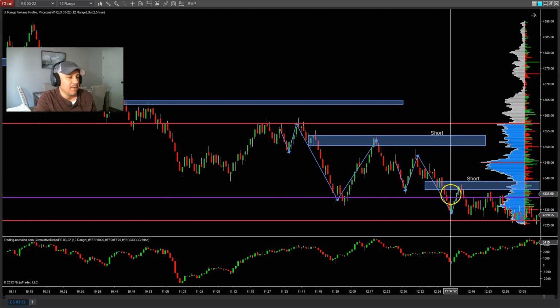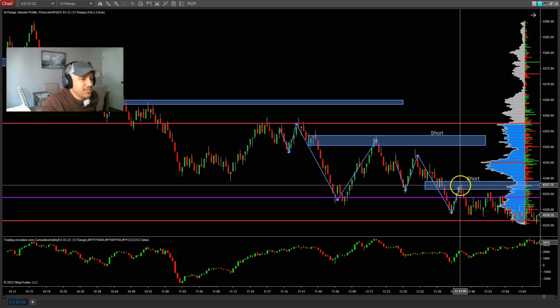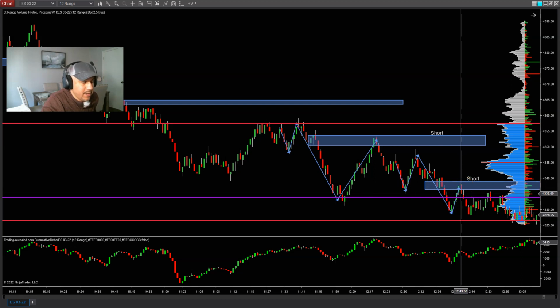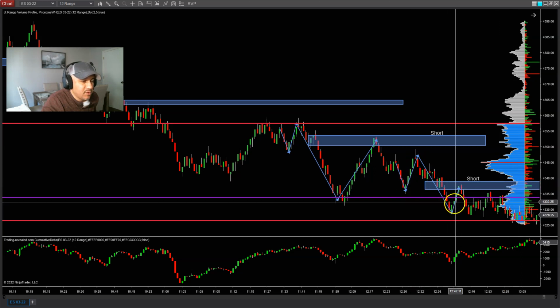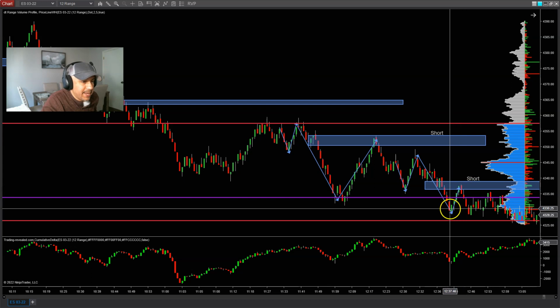Now, if I was to get in on this trade off of the 12 range, I'll show you. I'm taking a trade right off the 12 range. The moment this red candle to the downside closes, I'm in. On the pullback, as soon as it closes at the upper end of the high volume area, pulling back to a supporting swing area of resistance, it closes, then goes back down to the low.